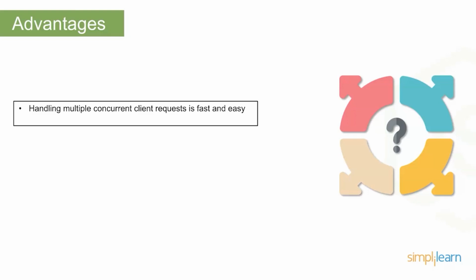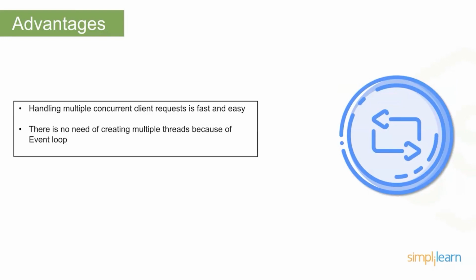And what that means is you need to have a solution that can interact with requests quickly and easily. There's no need to create multiple threads because of the event loop. Again, this is another thing that's really critical when it comes to building out solutions. You want to have a solution that can scale massively at the flip of a switch, particularly as we start building out cloud-based solutions.